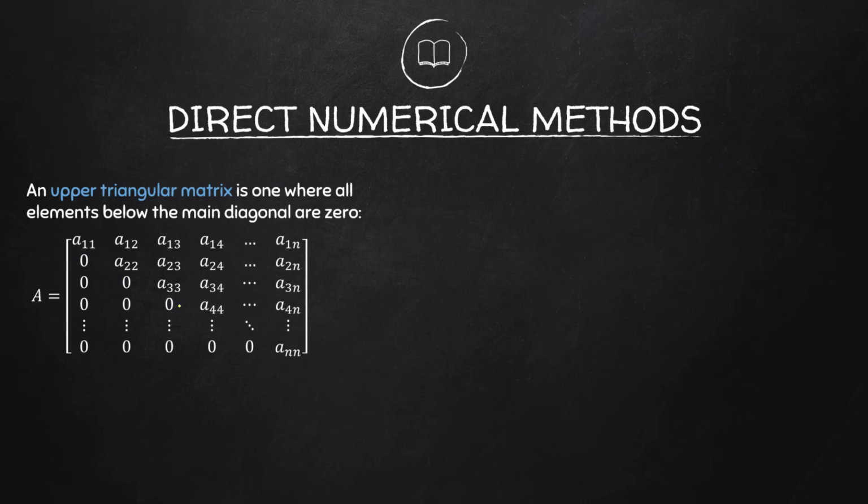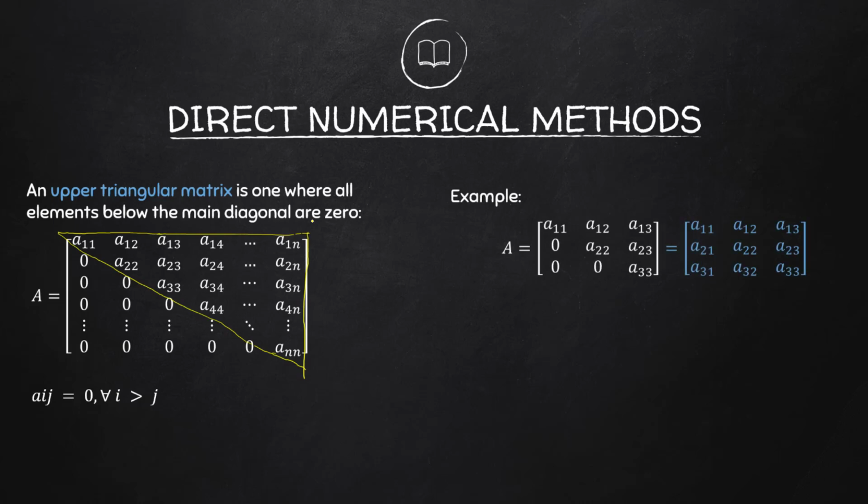Hence, this is called an upper triangular matrix. So we need to satisfy this condition for it to be called an upper triangular matrix.